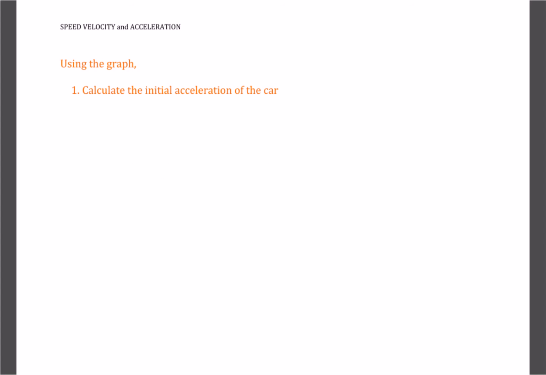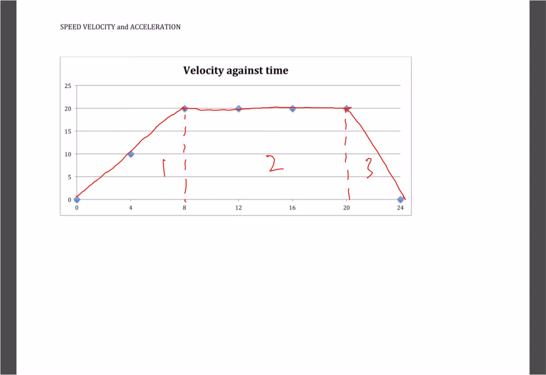Now the following question is: calculate the initial acceleration of the car. Now the initial acceleration basically refers to this part, which is actually the gradient of the graph, sorry.